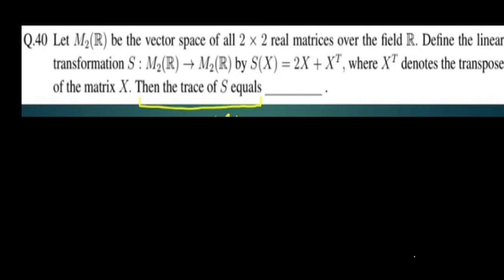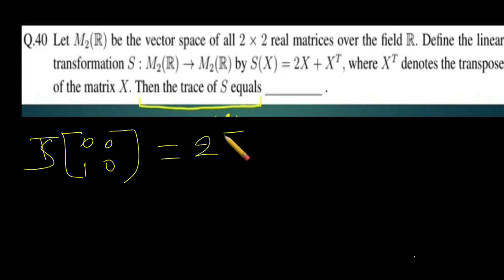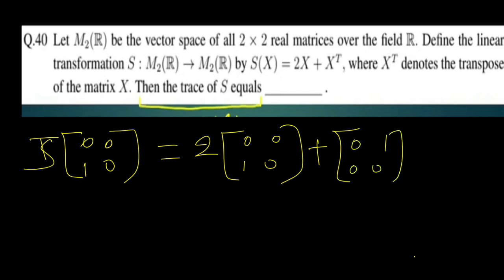Similarly, go with the third basis element 0 0 1 0. Then x changes to 0 0 2 0 plus x transpose, which is 0 1 0 0. The sum is 0 1 2 0, and its coordinates are like that.